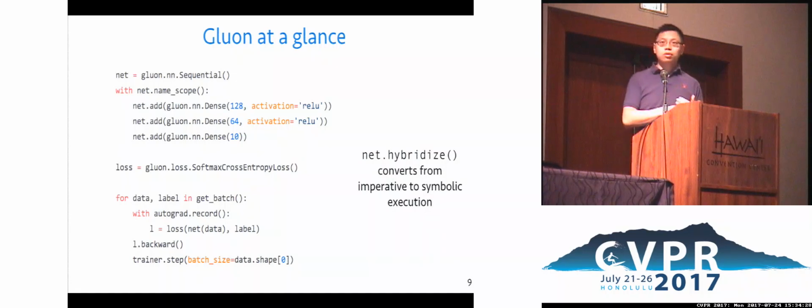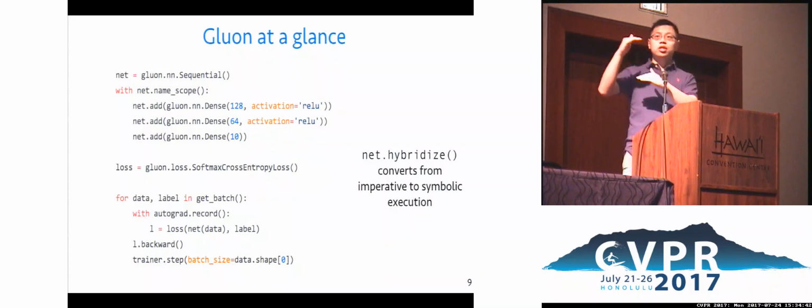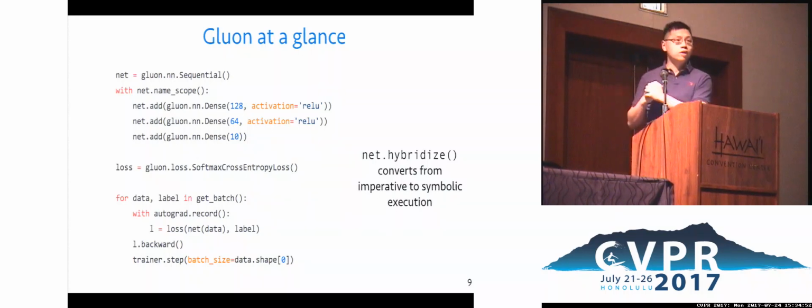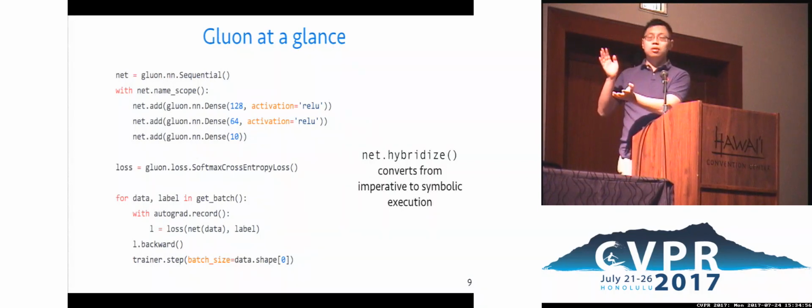Then if you really want to turn it into a symbolic way, which is usually faster, and where you can also get a language-independent definition, you just call hybridize on the net. Hybridize turns the internal execution from imperative to symbolic. Basically, the first time I execute this forward pass, I know all this computation, and then I change it into a pure computational graph.